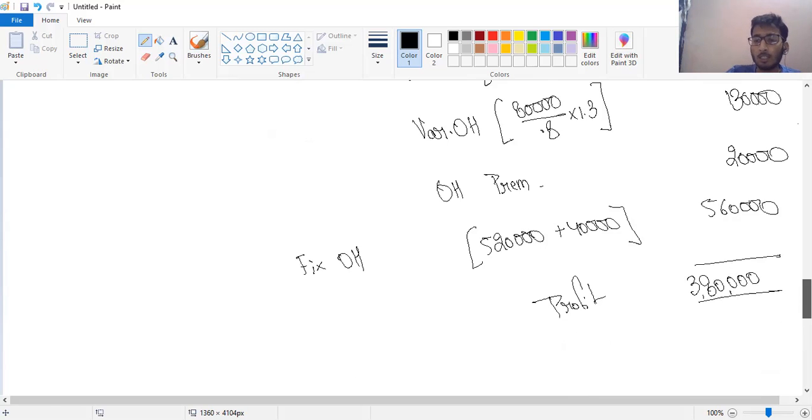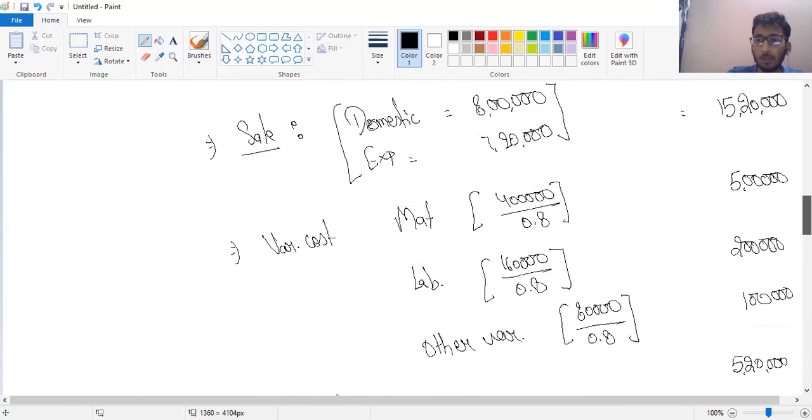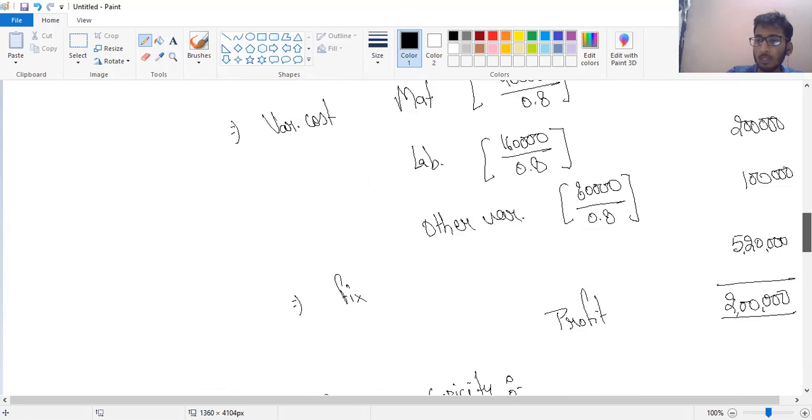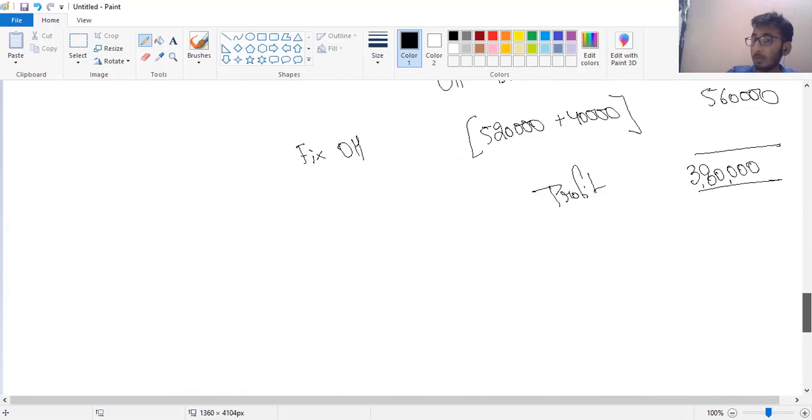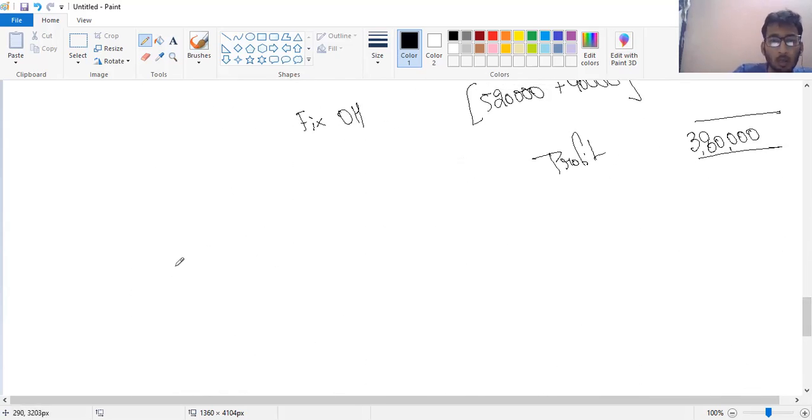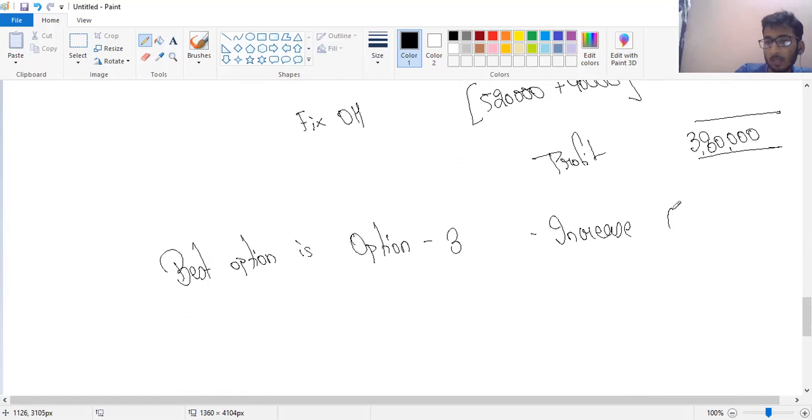So just see here that in the first option I am getting 120 profit, in the second option 2 lakh, and in the third option I'm getting 3 lakh 80,000 profit. So I can say the best option is option 3, or increase the capacity.